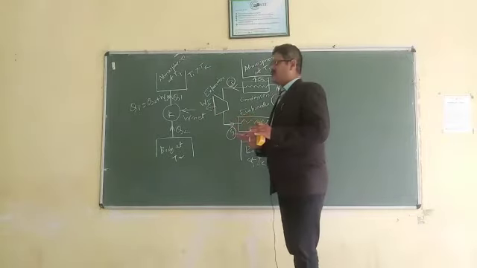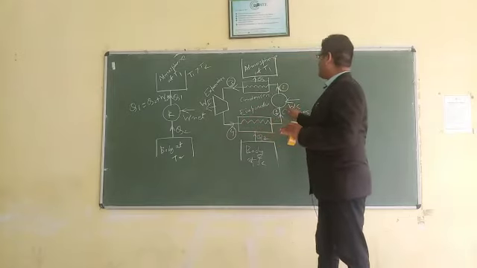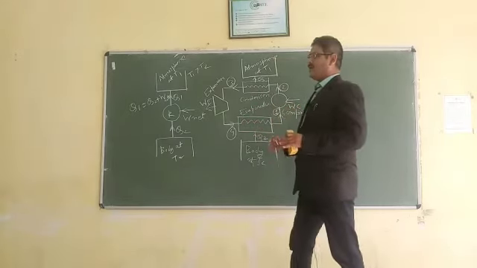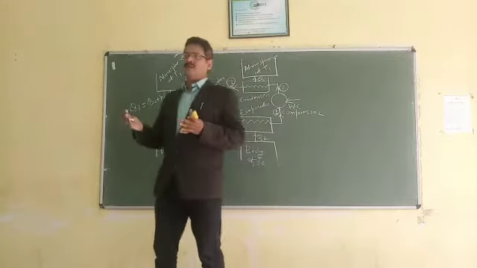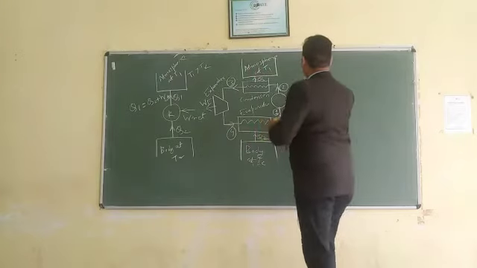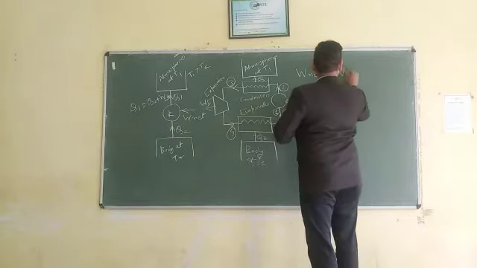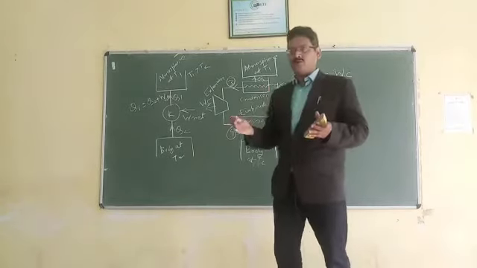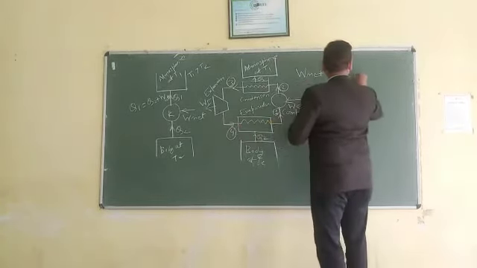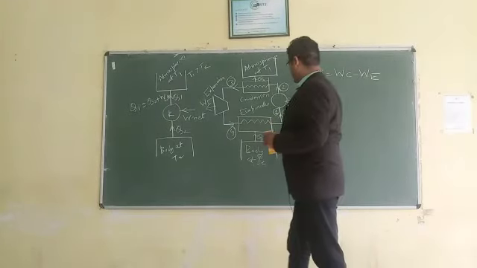And you know that the compressor is a power consuming device. So WC is the amount of work input given to the compressor, and the expander is a work developing or power developing device. So net work input W net is the work input given to the compressor minus the work output we get in the expander.